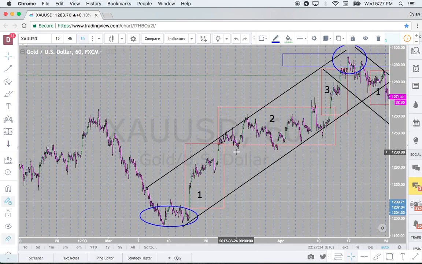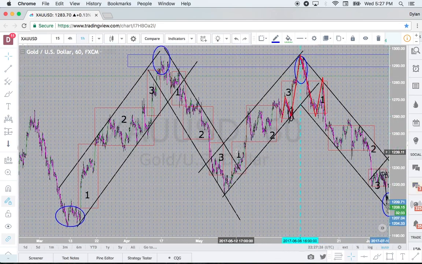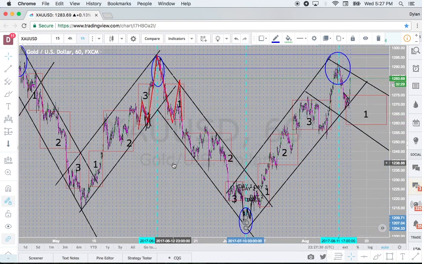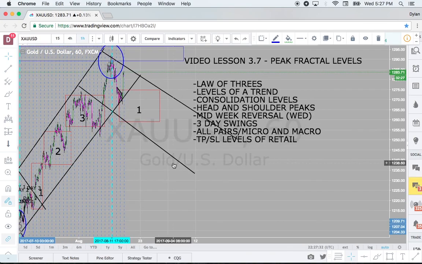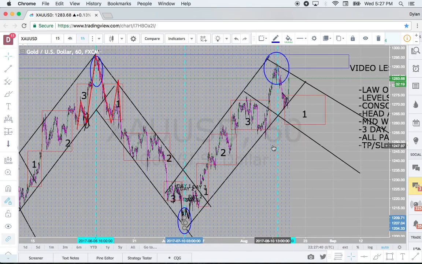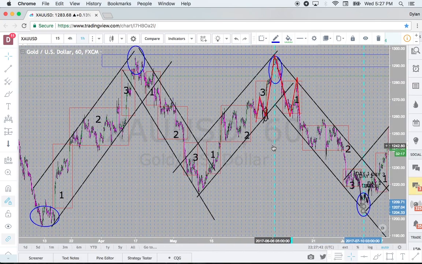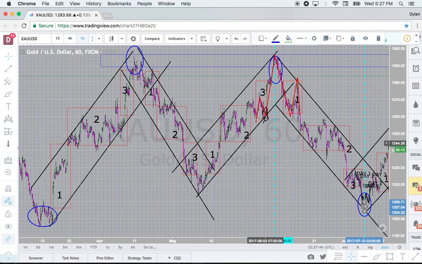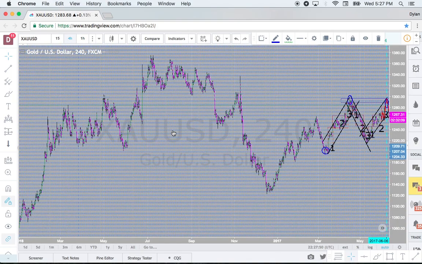I believe the last one that we are going to talk about is the stop loss and take profit levels of retail traders, where the stop losses may be, where the take profits may be, and how we can see this on the charts.